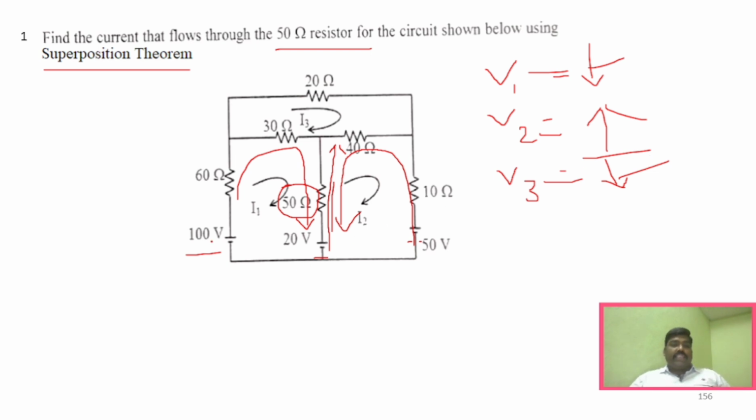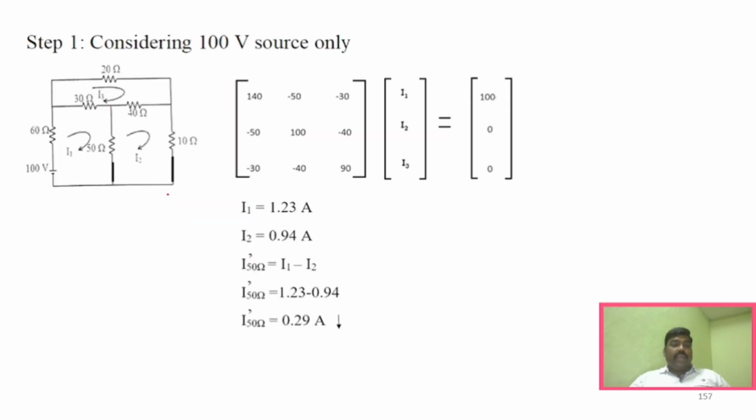So first we are going to consider this 100 volt source. We are taking 100 volt and short circuiting all the other voltage sources, and I am using the same matrix method. You know how to solve the matrix method. If you have problems understanding the matrix method, please go and watch the mesh analysis problem video where I have solved mesh analysis using the matrix method, right?